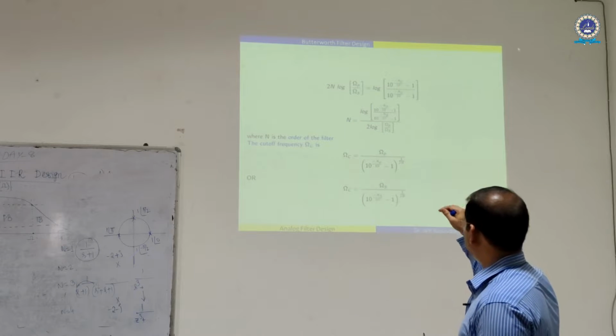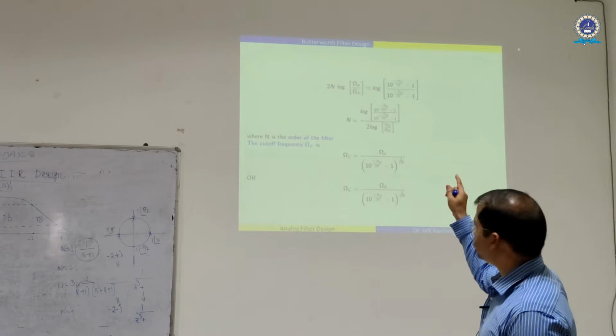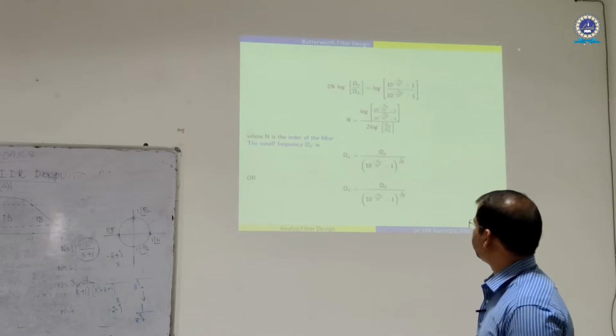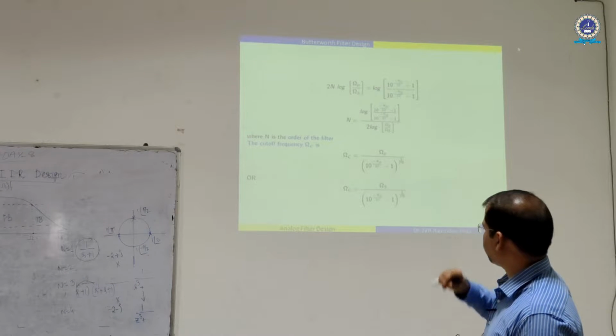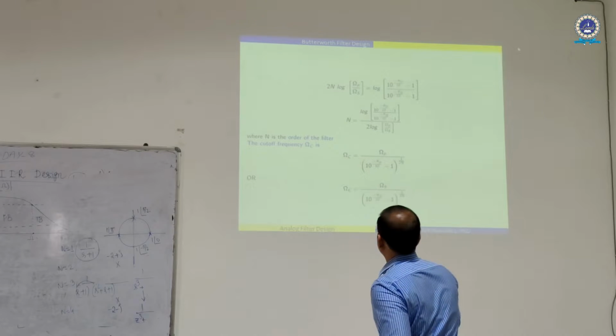So log 10 power minus Kp by 10. Kp is negative, so therefore it is meaningful. So minus 1 divided by. Based on that equation, we have to calculate this. Actually, this is not correct.